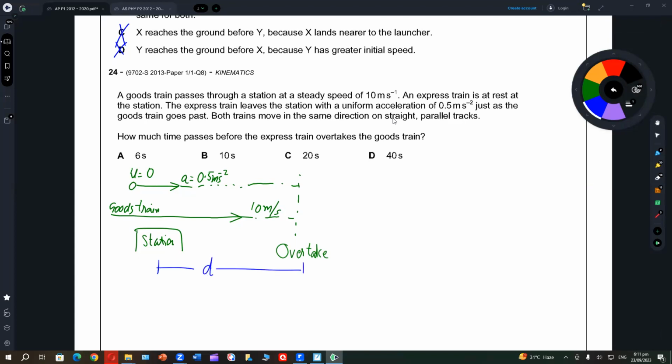When they overtake, they both will have traveled the same distance from the station. One train is accelerating and one train is moving at a constant speed. So here it will be d is equal to vt.